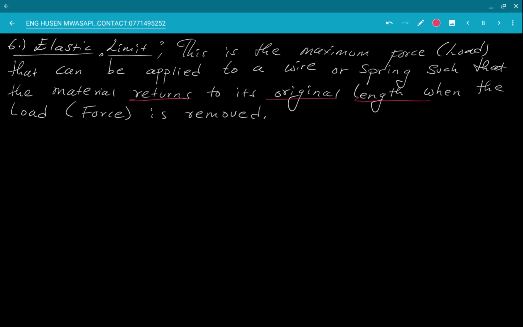Okay, be mindful of that. Elastic limit is just the maximum force, like how much force, how much load can I attach to that spring in order for it to experience that elastic change. I hope it's clear. Let's move on to the next terminology.